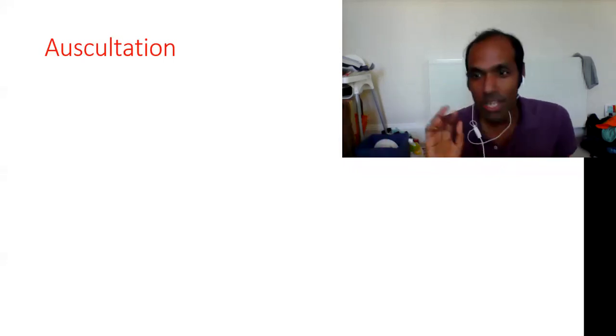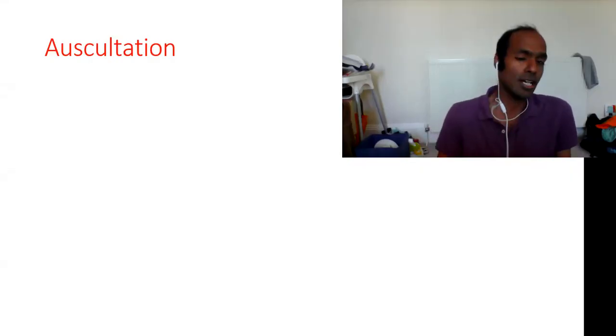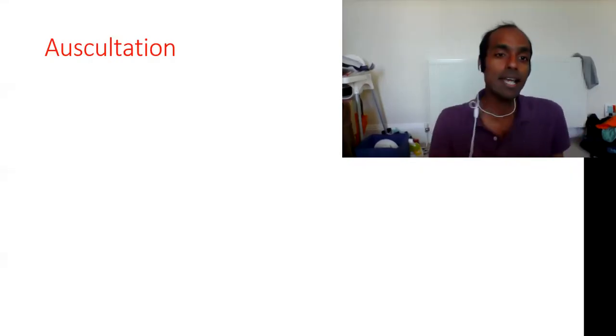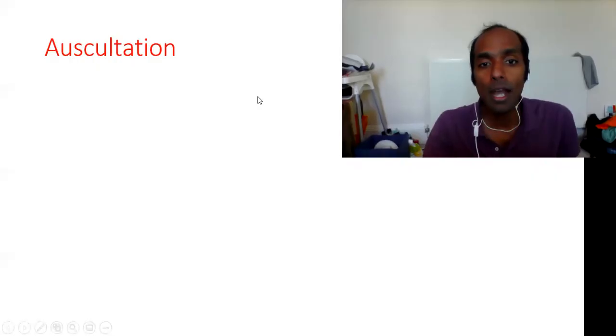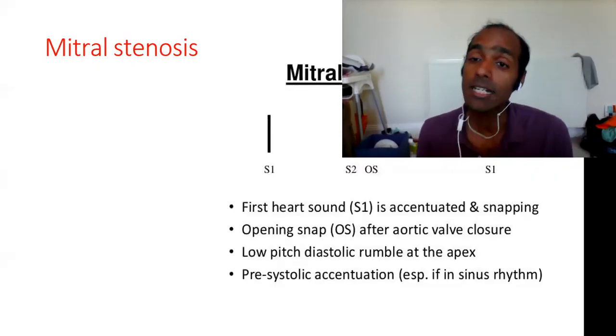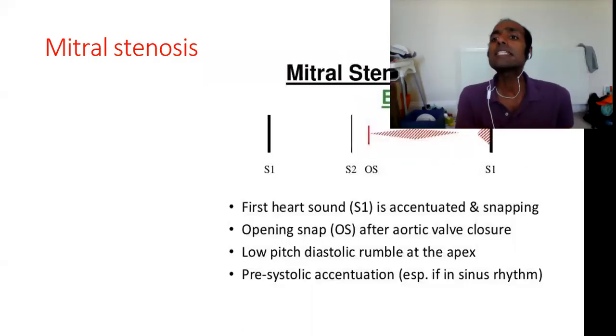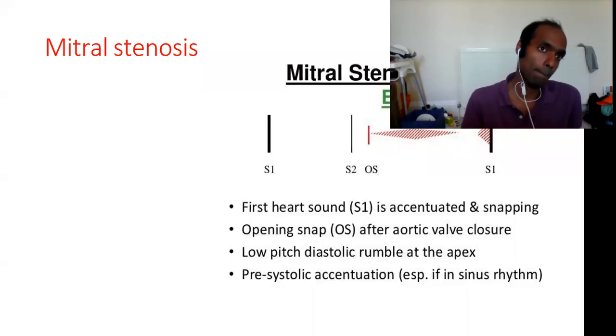Right? But obviously a cardiovascular system examination lecture would not be complete without auscultation, so I am just going to revise that as well. What are the physical signs of mitral stenosis? Very simple. The murmur is best heard in the mitral area, obviously.